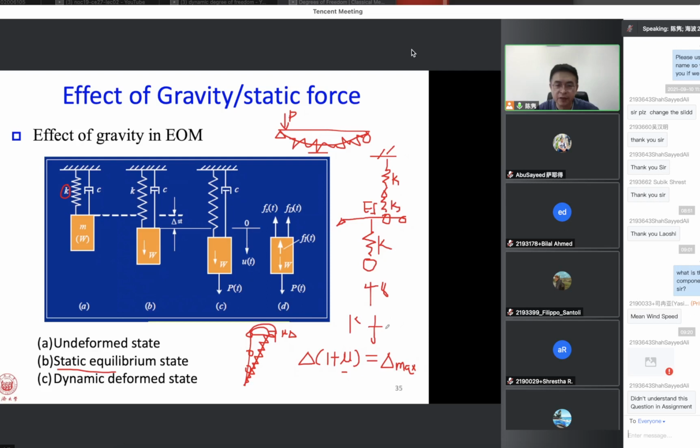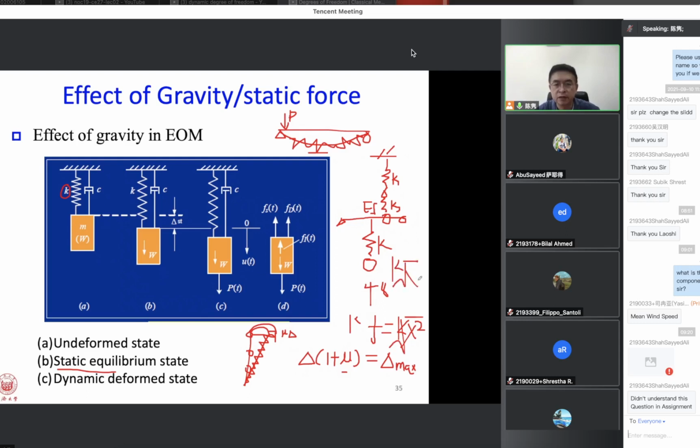If you have a spring, normally we have the restoring force like Kx, right? But if it is squared, that's nonlinear. Or you have a K which is multiplied by something not linear, it's a nonlinear spring.